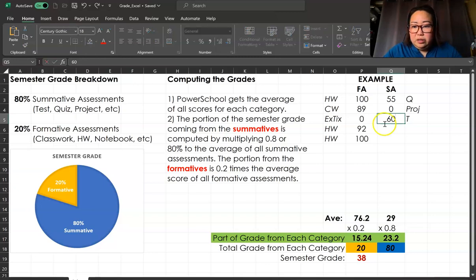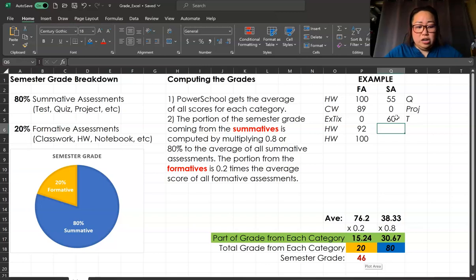You will see that from an original 23.2 for the summative assessment, it now jumped to 30 out of 80. Still low, but from a 38%, if I remember correctly, it jumped by 8% immediately just by retaking a test.